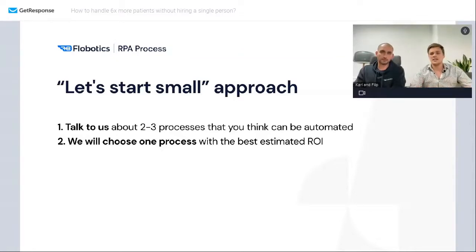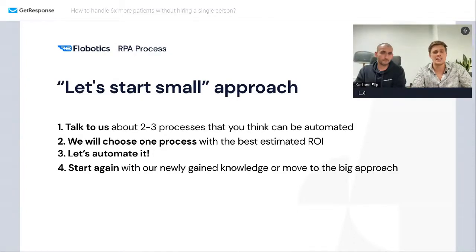And then it speeds up the process, actually. Exactly. And you can have the first ROI after 2 weeks, after 3 weeks, so very quickly from the very first contact. And then we automate it simply, easily, and that's a little loop. So from here on, you can start again, get another and another process, or move to the big approach.